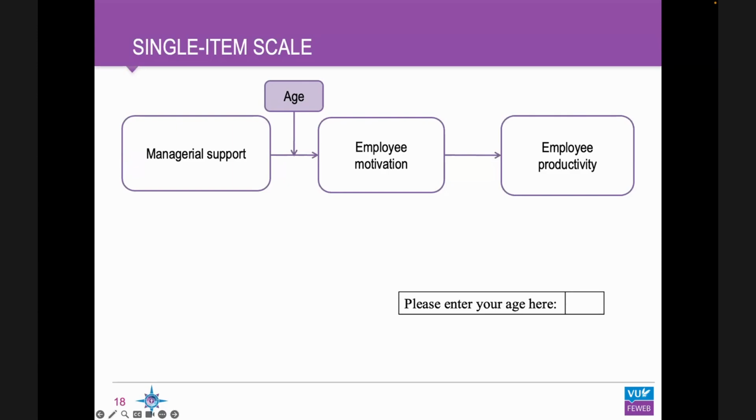The advantage with the multi-item scale is that we can calculate Cronbach's alpha, which is a reliability measure. We will also see this. And the multiple questions give you more opportunities to differentiate between the respondents scoring high versus low, because you have a more granular understanding. But again, the trade-off here is between a simple concept versus a complex concept.